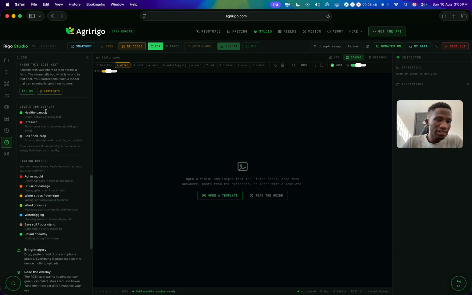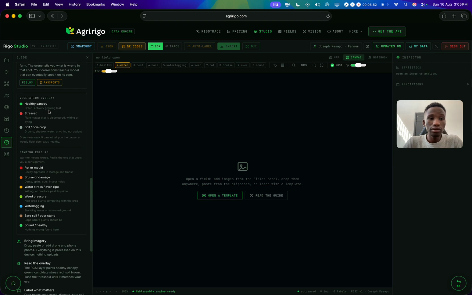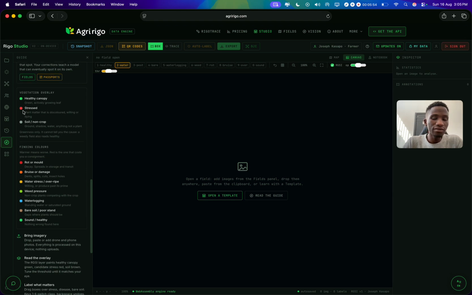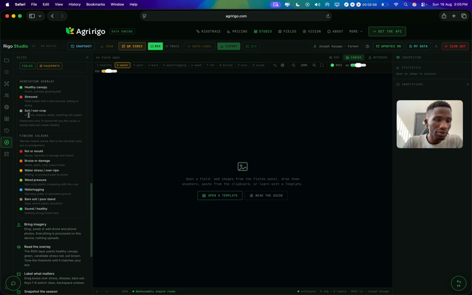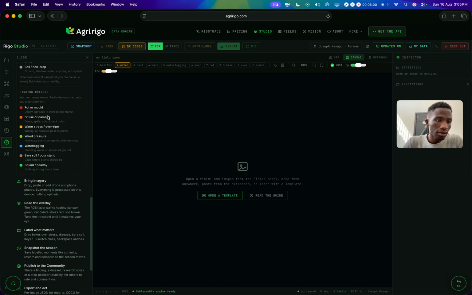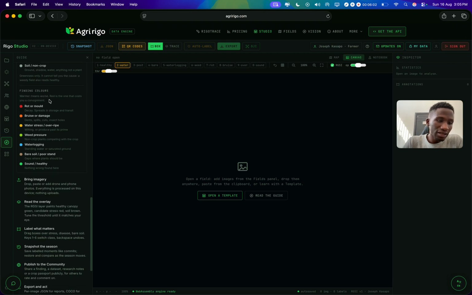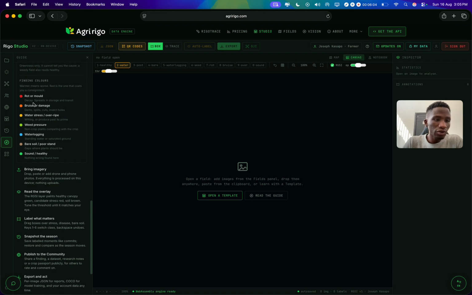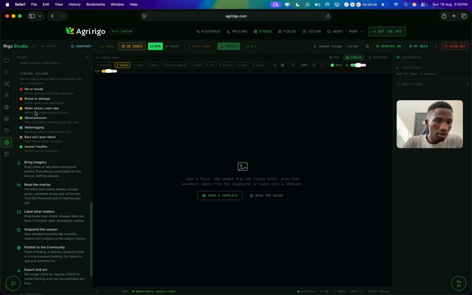We have vegetation overlay, and we have green for healthy canopy, and red for stressed areas, and gray for soil or non-crop findings. So finding colors also, like I said, red would also indicate mold or rot. Orange would be bruise or damage.